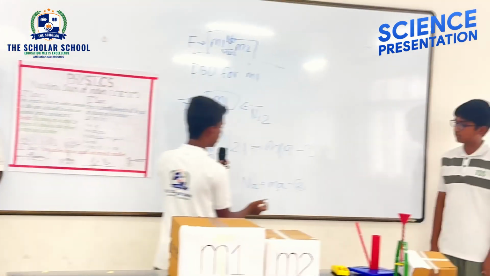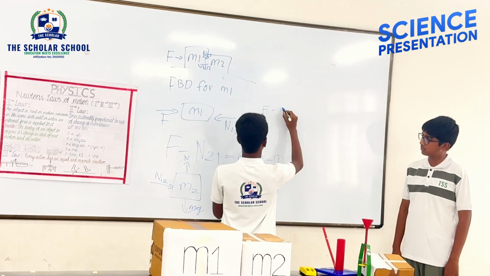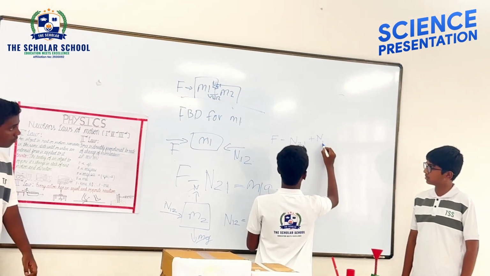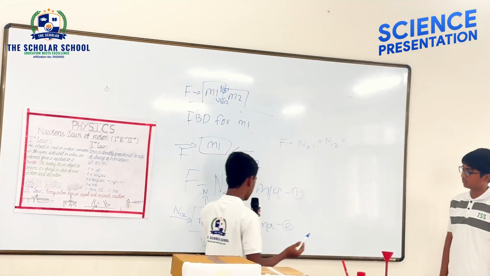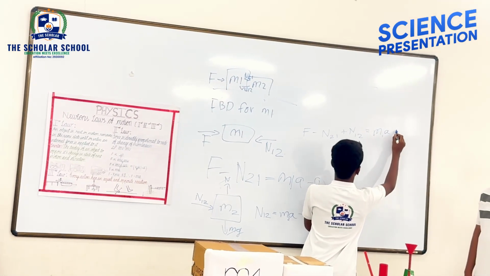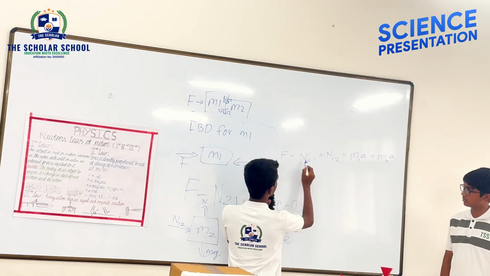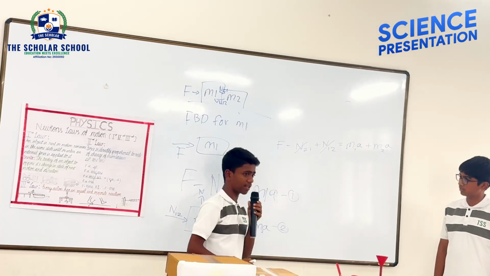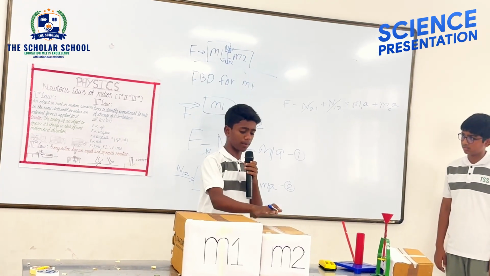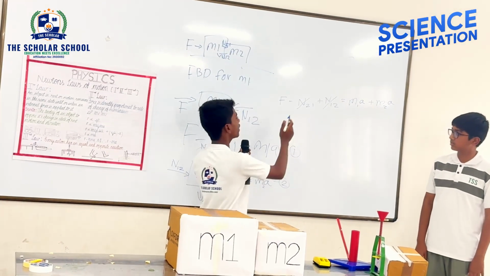When we add, first we add the LHS, that is F minus N21 plus N12, and the RHS, that is m1a plus m2a. Here minus N21 and plus N12 get cancelled. But you may wonder how they get cancelled. The force exerted by mass 1 on mass 2 is equal to the force exerted by mass 2 on mass 1. So they get cancelled.